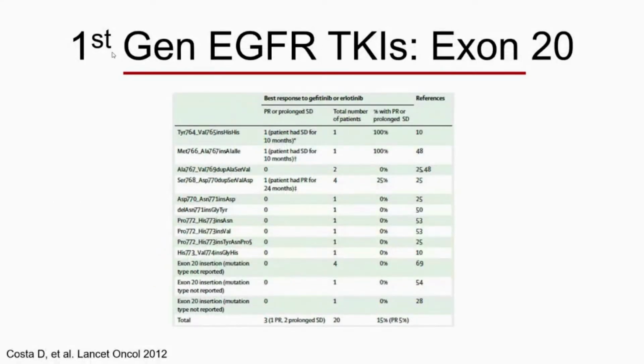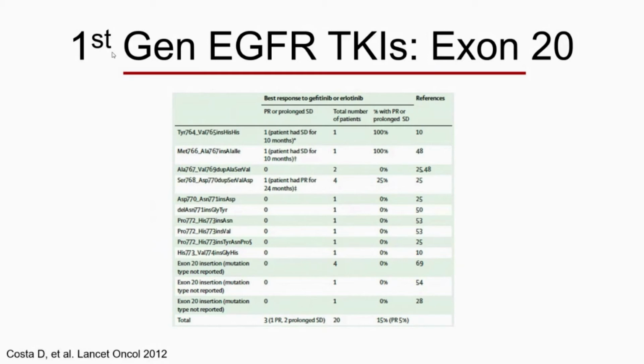And so, first going into the targeted therapies, the small molecules. This is taken from a now old review from Dan Costa from Beth Israel, but I include it here because it summarizes a lot of that initial data, showing that the first generation EGFR inhibitors, which were the standard of care up until very recently, showed relatively limited activity against the exon 20 mutations.